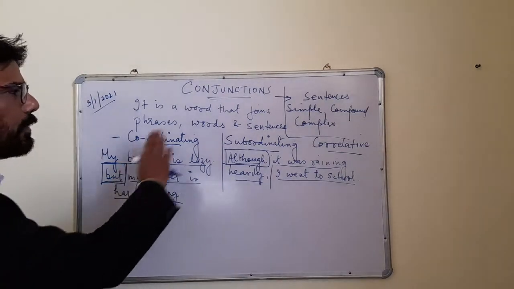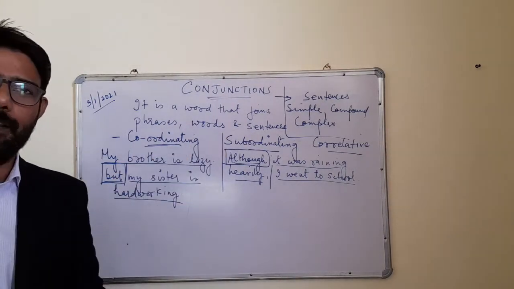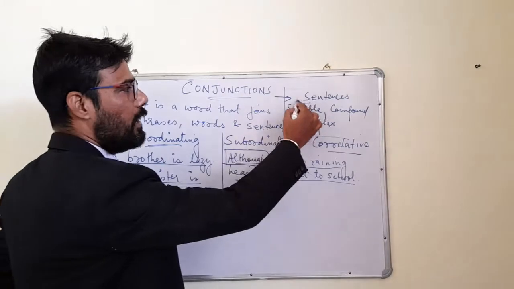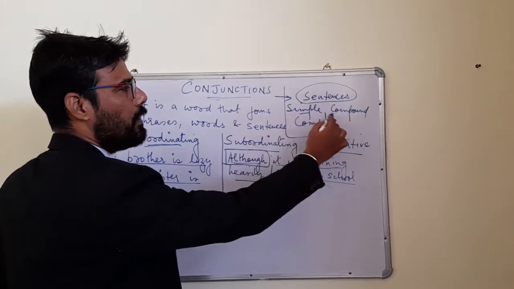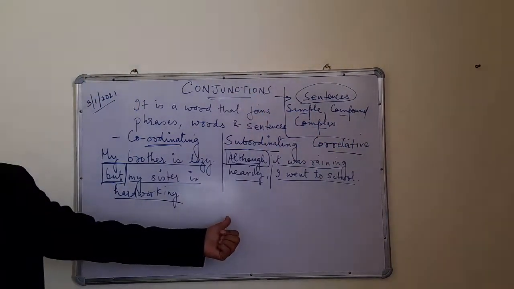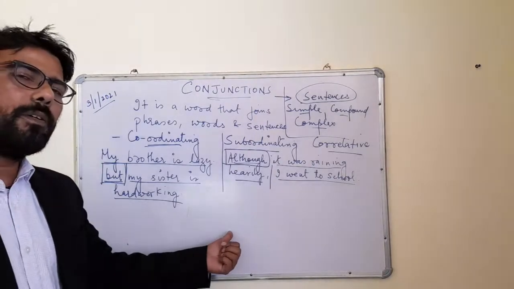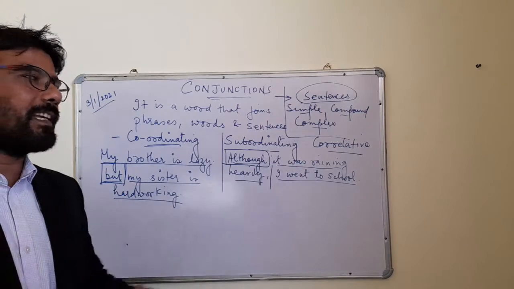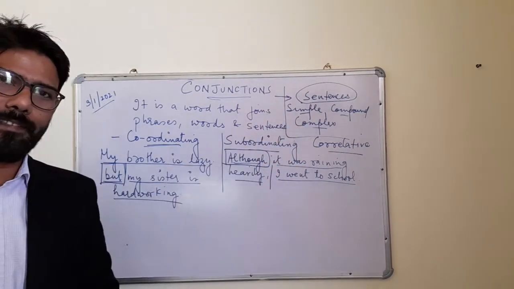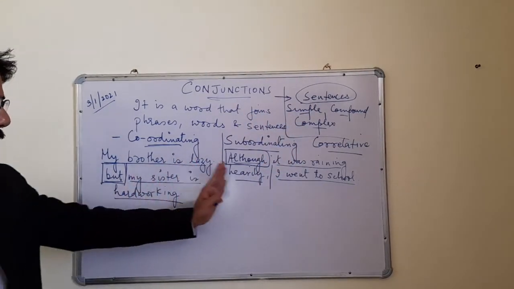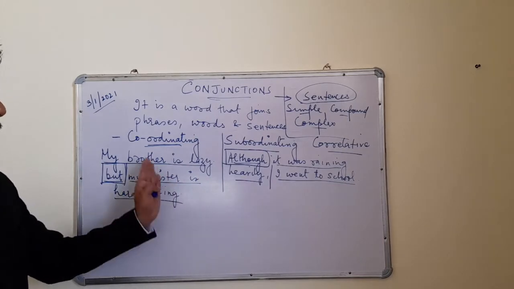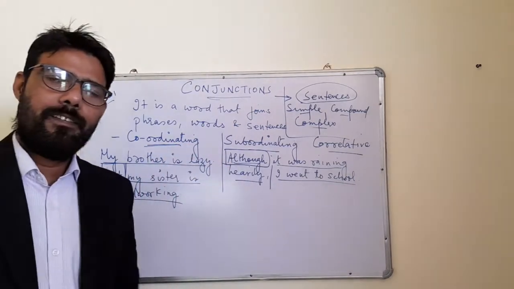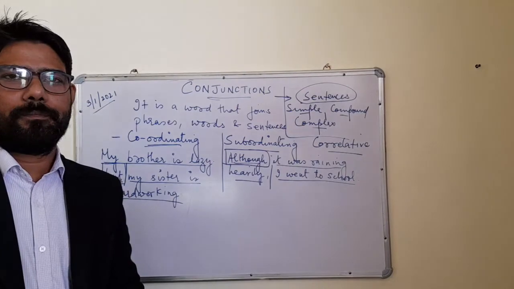So the difference between coordinating and subordinating is very simple. That is why I wrote here sentences: simple, compound and complex. This is the chapter which is going to give you direct accessibility to simple, compound and complex. Right? So if you have noted down the difference between coordinating and subordinating, you have understood the chapter.